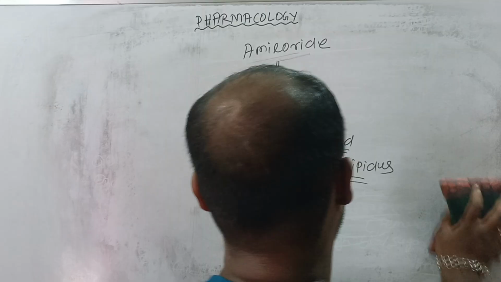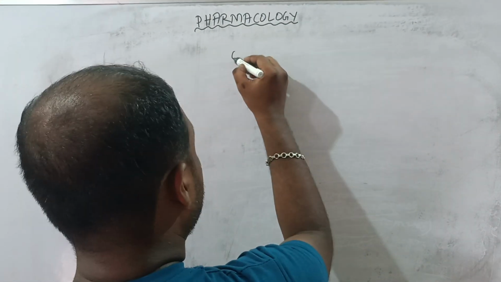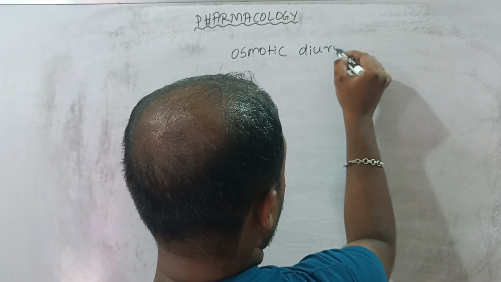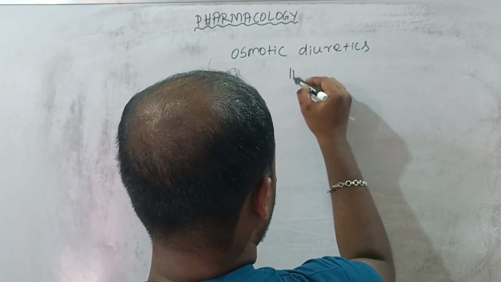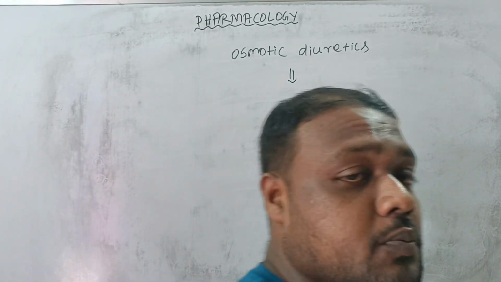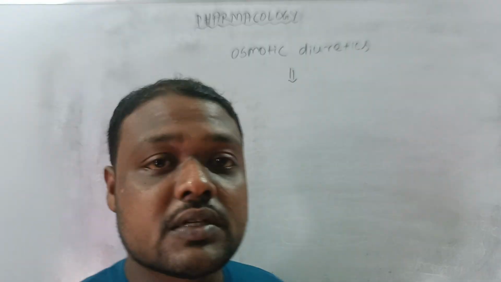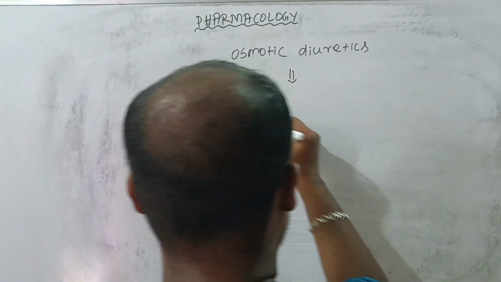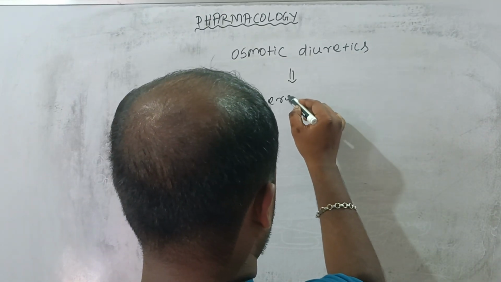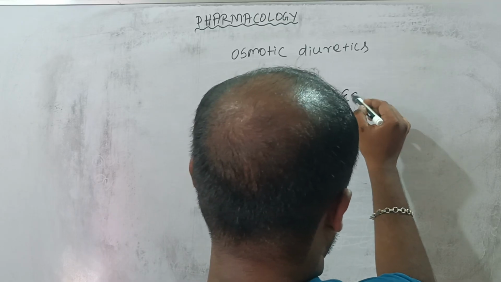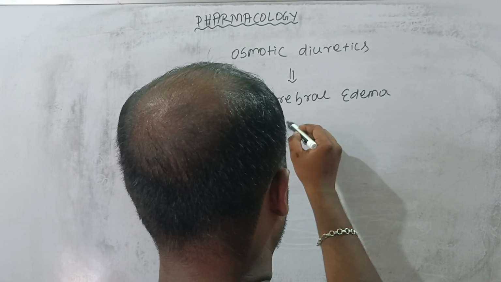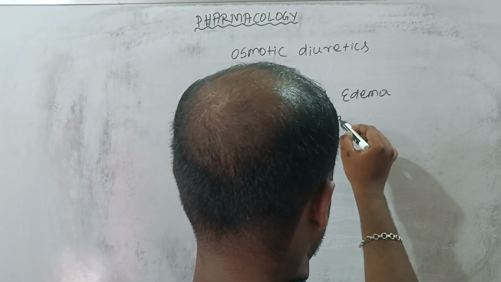Osmotic diuretics are most preferred in cerebral edema and acute congestive glaucoma.